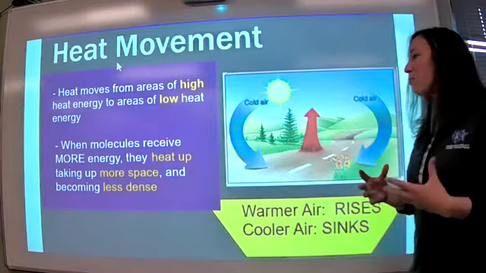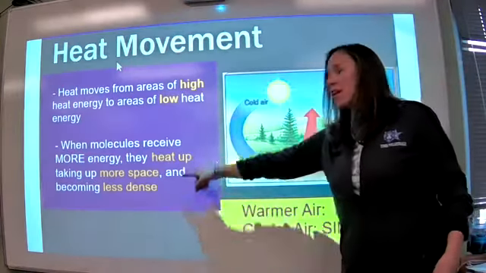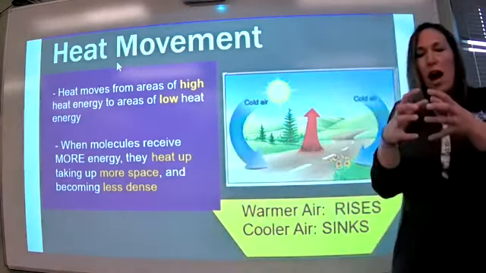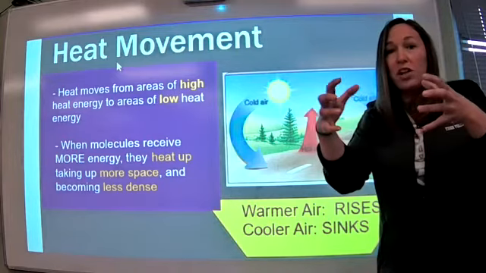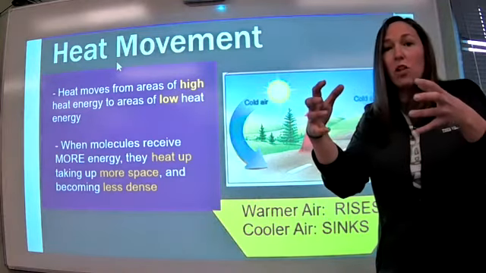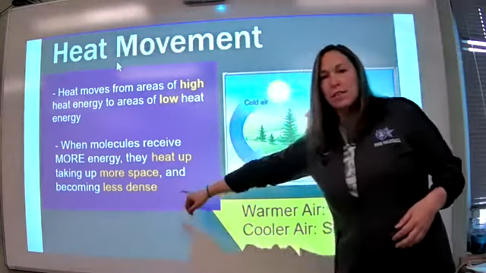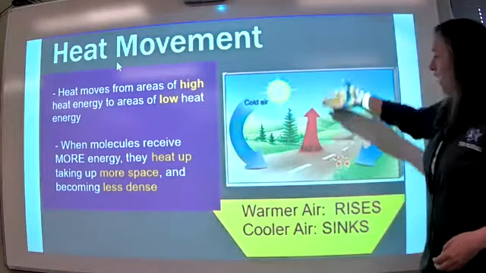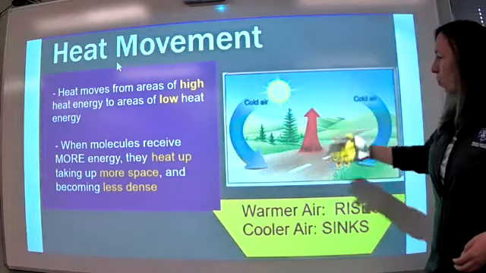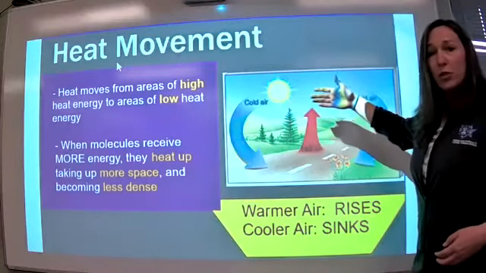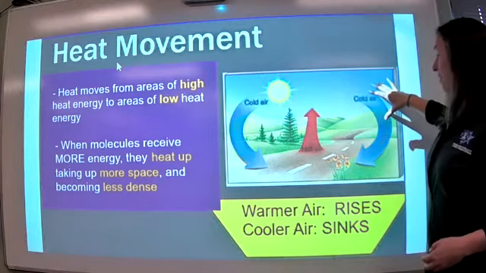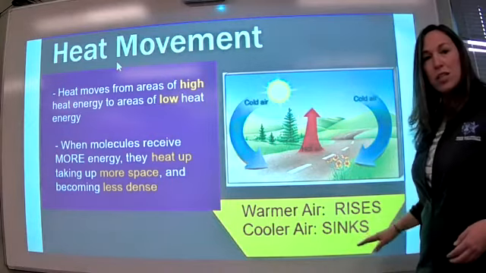As they heat up, they take up more space. Remember, those hot particles have more energy, so they're going to expand, allowing them to have a larger volume. And when that happens, they become less dense. And that is why hot air rises. So the warmer the air is, the faster it's going to rise. And the colder the air is, it's more dense, so it's going to sink.